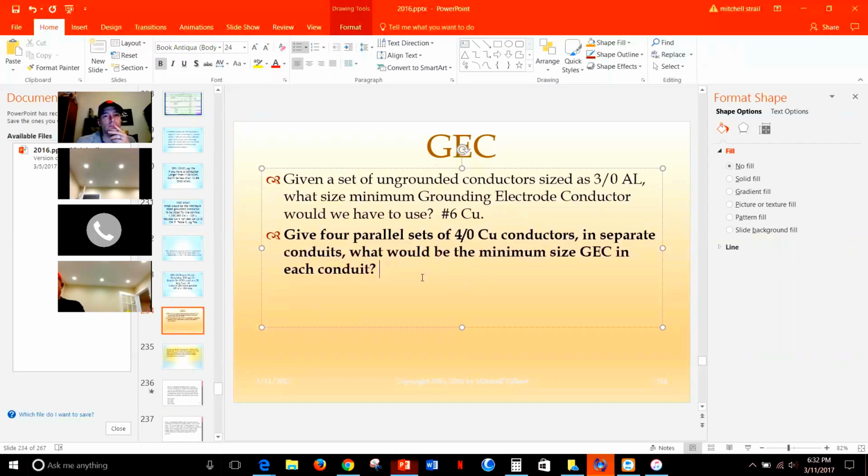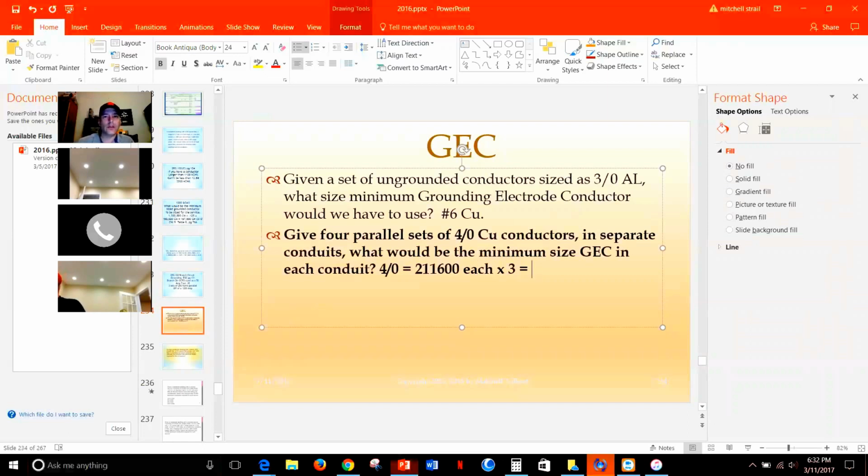Yeah, you take your circular mills, your 4 times 4. Yep, and what's the 4/0? The circular mills was 211,600 each, times 3 of those.